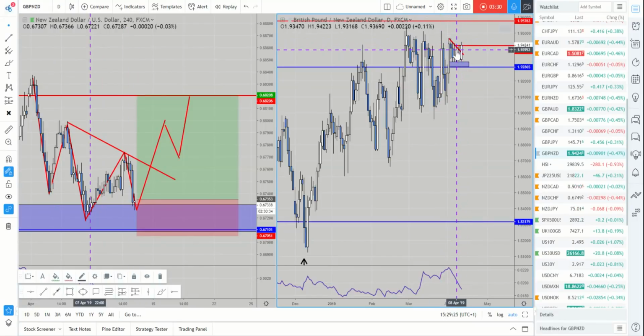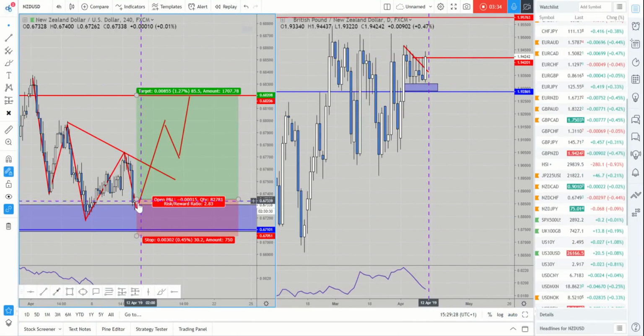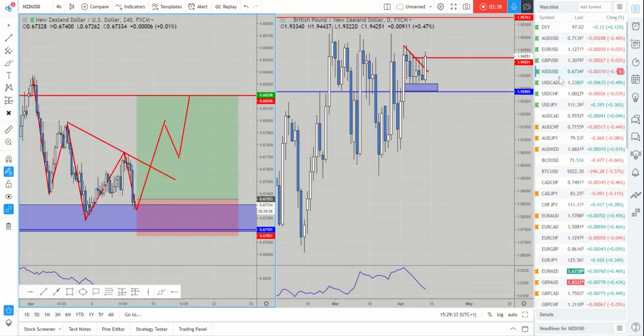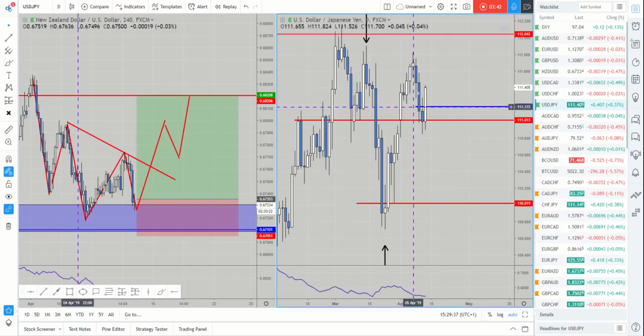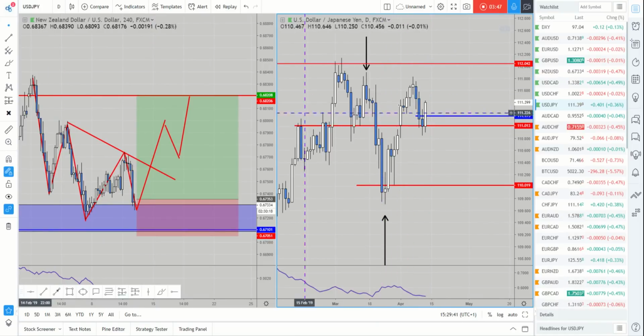The market's struggling here as well, so look for those potential Kiwi buys down in here. I think the best opportunities are going to be Kiwi dollar, Kiwi yen, just because we are seeing that push in dollar yen as well. So combining the two together, look for that continued push in this market.